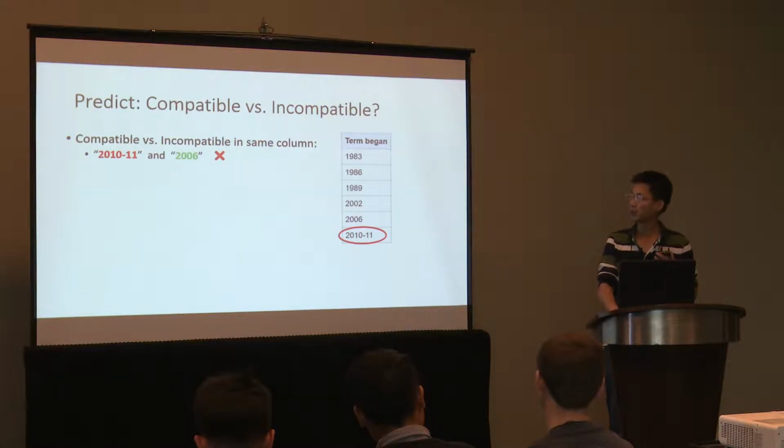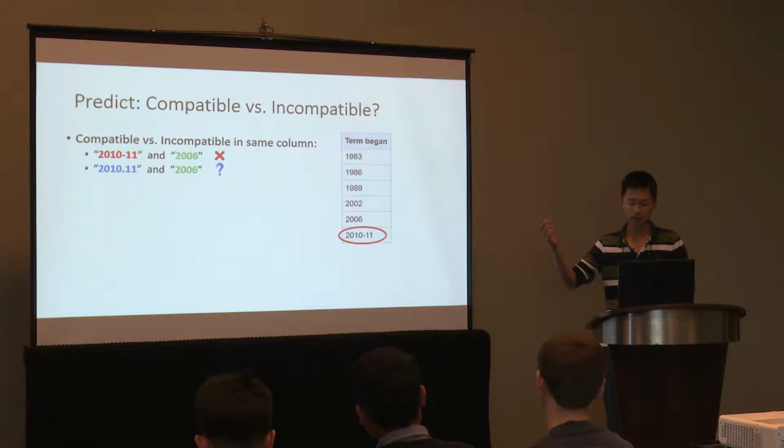However, this is a very subtle thing because the second pair of values here is actually a lot more likely to be compatible, because the first can be a floating point number and the second one could be an integer, and they co-occur all the time in the same columns. So only looking at the pair of values and their patterns is probably not going to be enough.